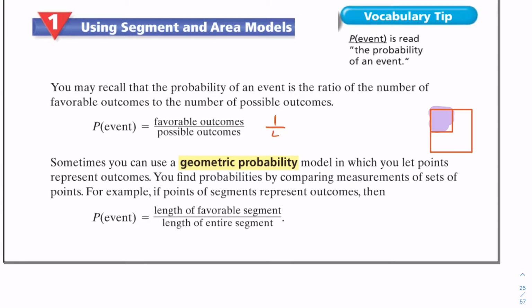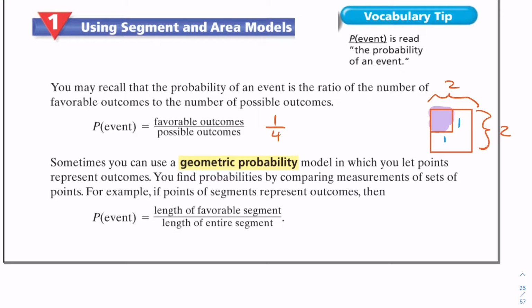That's a 1 in 4 opportunity. And let's say that this square was a 2 by 2, and this square in here is a 1 by 1. So that's a 1 by 1, while the total area is a 2 by 2, so the 1 by 1 is 1, 2 times 2 is 4, so it's a 1 in 4 opportunity.